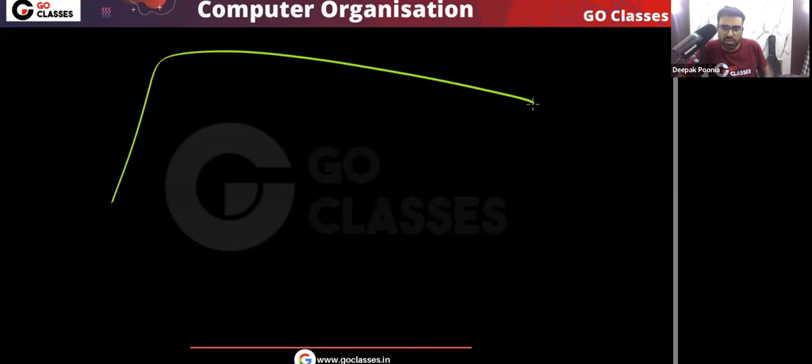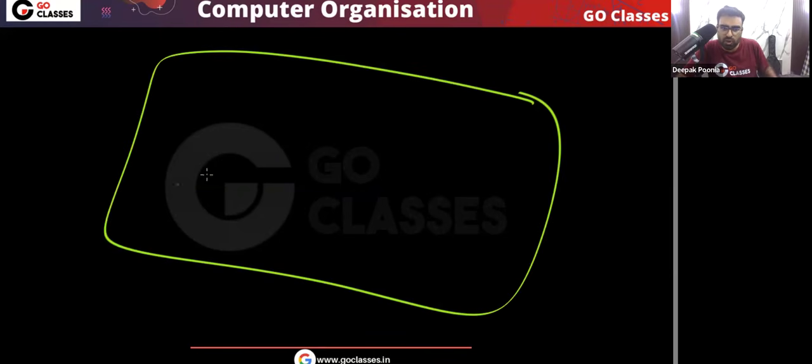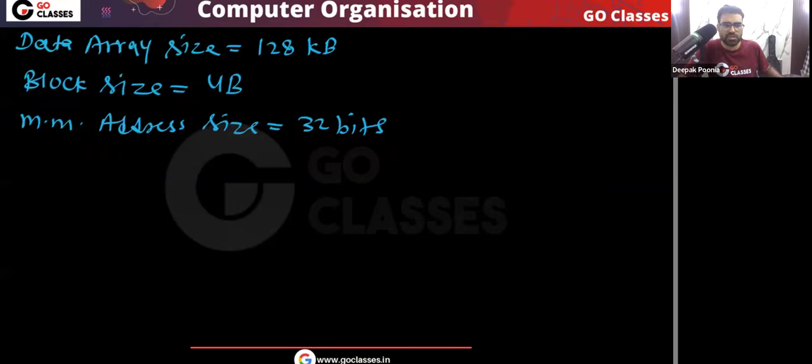Otherwise, if the question asks what is the cache memory size or the total cache memory size, and does not explicitly say to include the tag directory size, then do not include it. Very simple point. I hope you understood. Now let's solve this question. So you can see this is the data that is given to us.